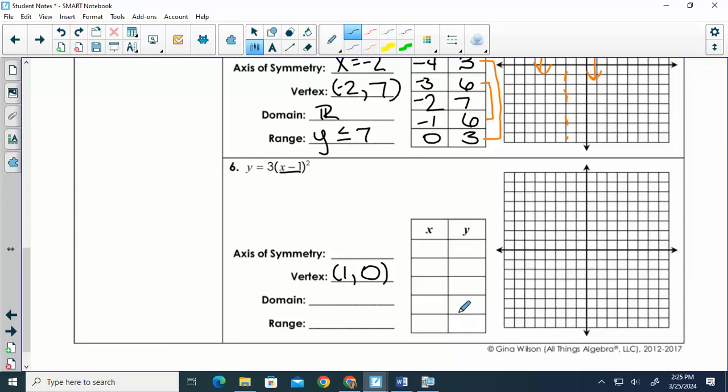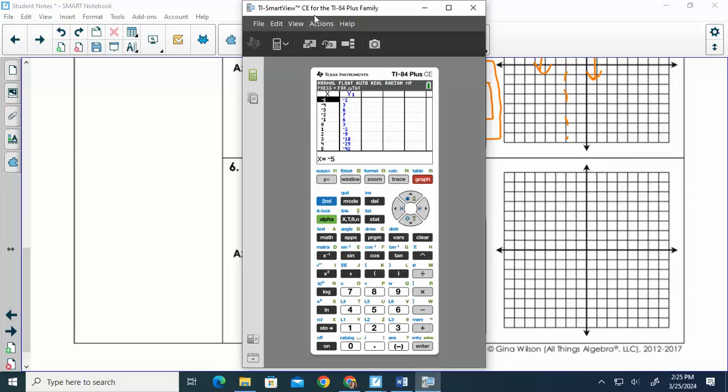Look at a graph and see, is (1, 0) the point where we change direction? Once we have our vertex, that's the middle of our table, then we go smaller and larger. What's the axis of symmetry? X equals the x value of the vertex. So now we need our points.